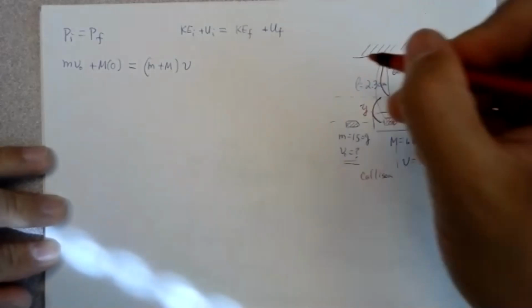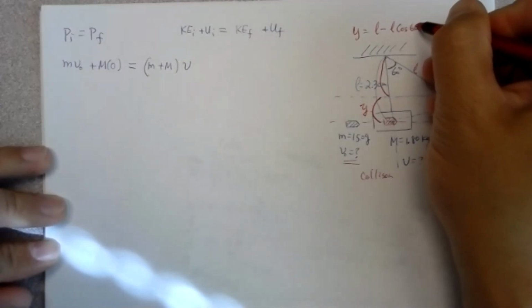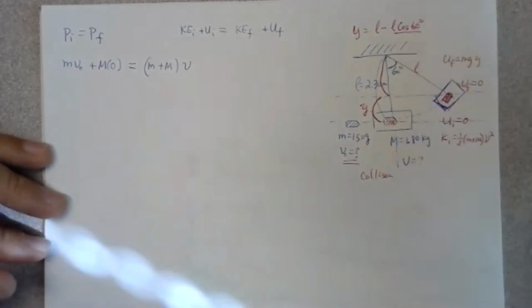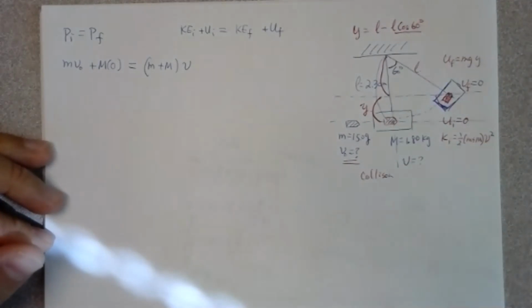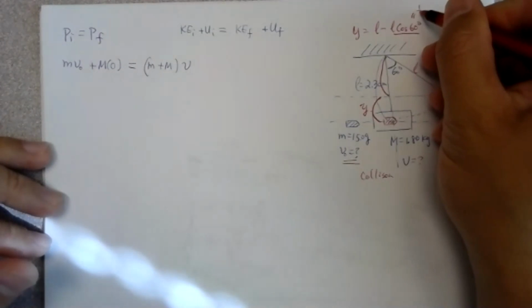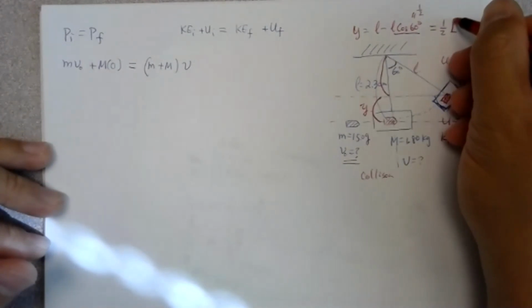So your y would be equal to L minus L cosine 60 degrees. And if you are very good at trigonometry, you might realize that cosine 60 is equal to 1/2. So y is equal to 1/2 of L, or small l.